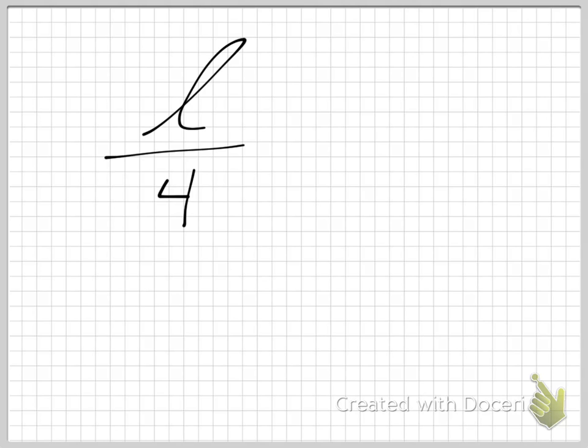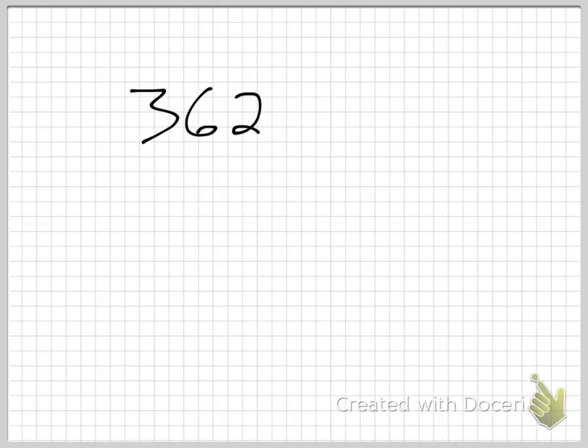Divided by, right? That is L divided by 4. Make sense? Mama? 362p. What does 362p mean? 362 times p. Very good. We all think we have it? We all got that down?